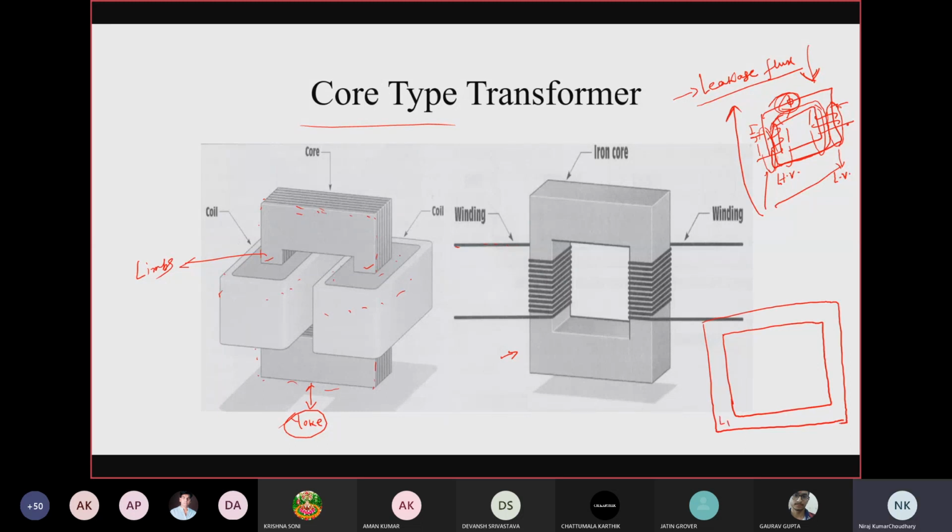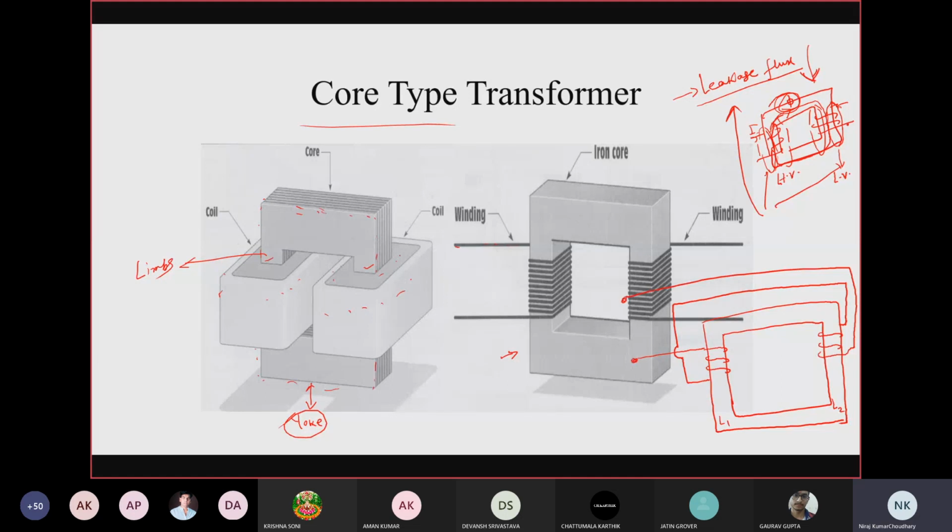This is your leg 1 or limb 1, this is limb 2. So we can think about the winding in this way. Suppose ये है high voltage winding, right? तो हाफ एक लेग पे कर दिए और सेकेंड हाफ इसका पार्ट इस तरह से कर दिए और इसको फिर इधर ले आए.